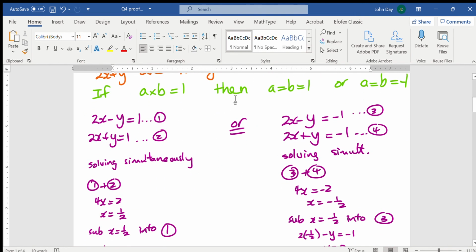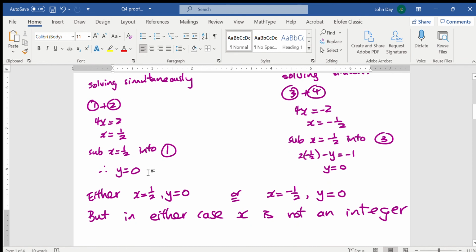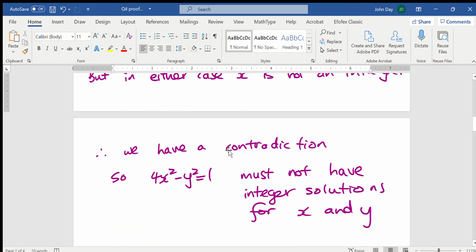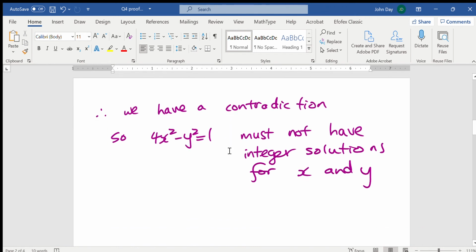We followed that through, and we came up with the fact that x didn't work out to be an integer in both cases. But that's a contradiction, because we said that x and y were integers. Therefore, the original must not have integer solutions.